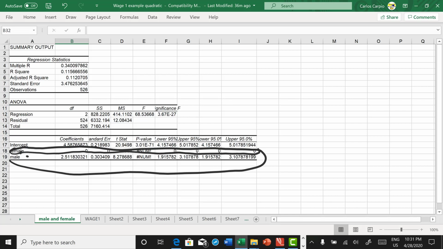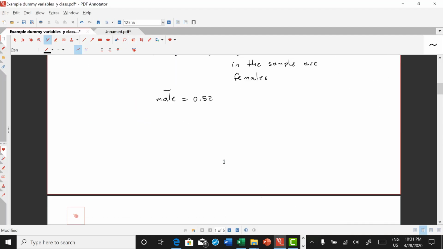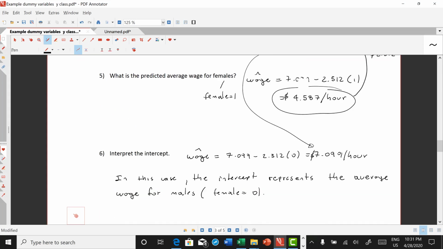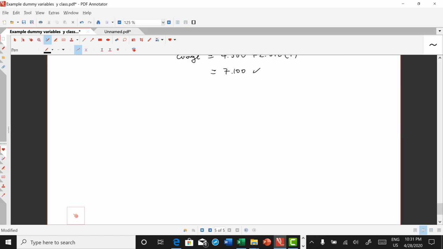You cannot estimate a model with both female and male because they are perfectly correlated. That violates the no perfect collinearity assumption of the multiple linear regression model. We cannot have them both. So that's kind of a final note.